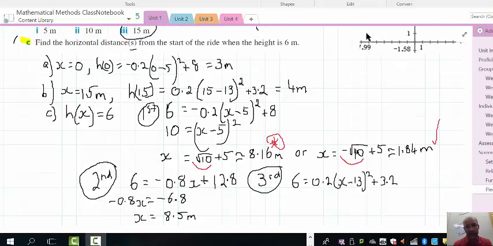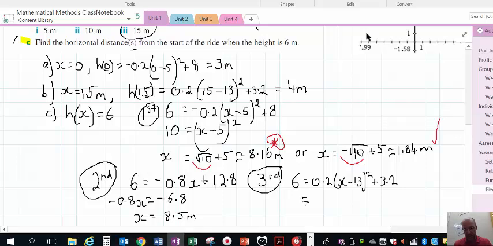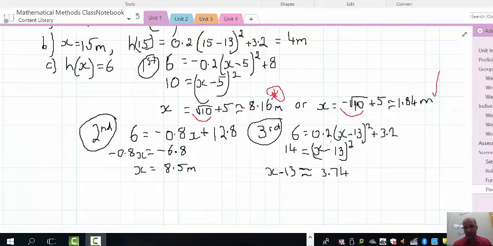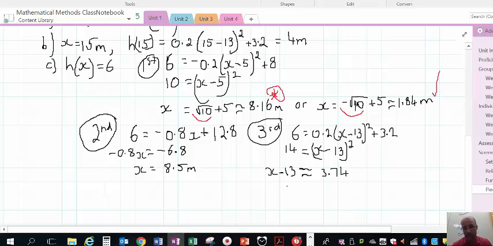For the third section, we go through the same process with the last part of the piecewise function. We get 6 equals negative 0.2, etc. So what we need to do then is rearrange and solve. We're applying our usual algebraic steps.